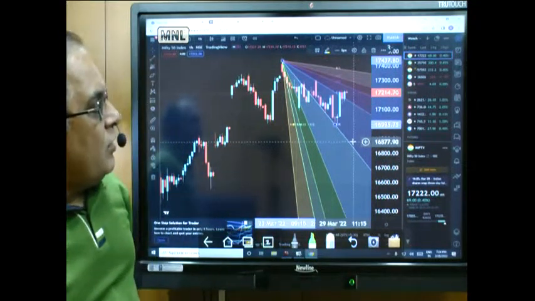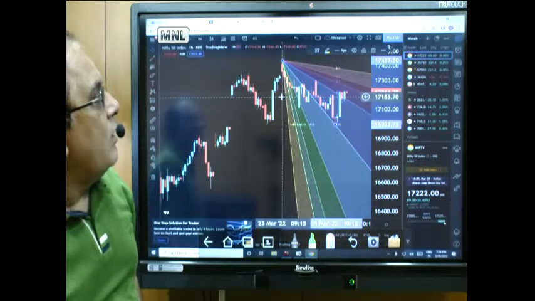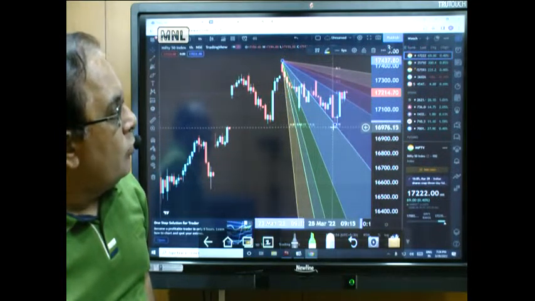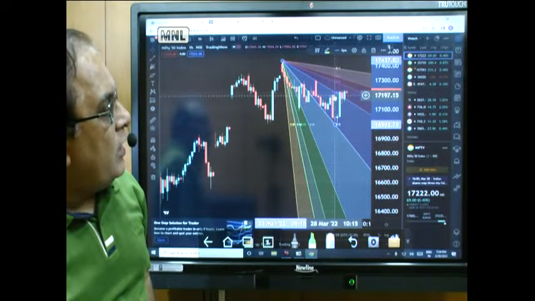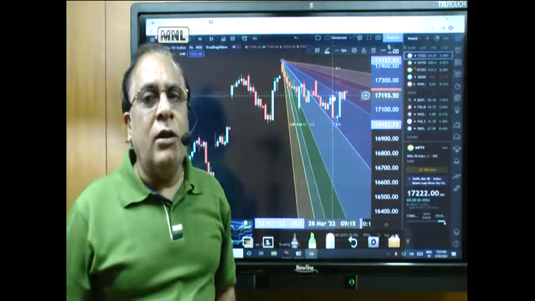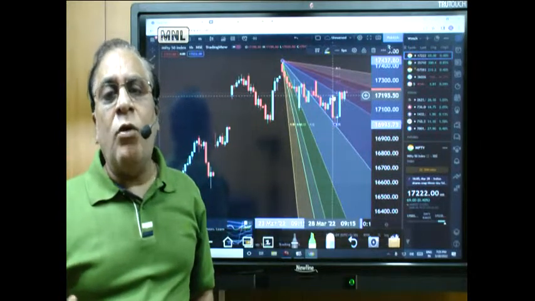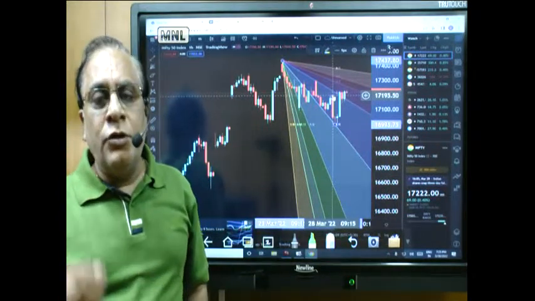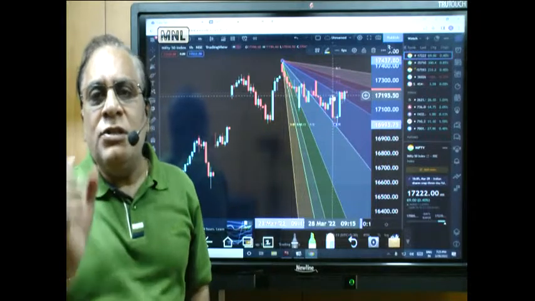When it started to break this, and when we are looking at some sort of a trend from this high of 17,442 to today's low of 17,003, any break above this level, which is 17,195, 197, I think our stop loss should come. So when you ask what stop loss we should put, the moment such a question is asked, we should say: what is the trend?